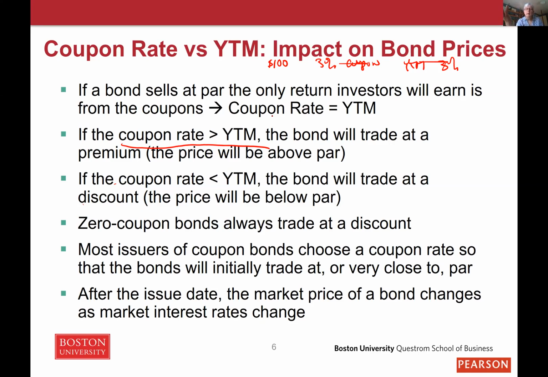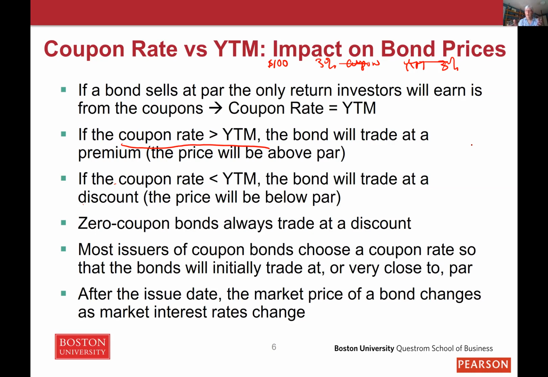On the other hand, if the coupon rate is greater than the yield to maturity, now you're getting a return that's higher. If you paid $100 for that $100 bond, you would be getting a return that's above what the market expects. And think about what's going to happen in a competitive market. If you're getting too high of a return, people are going to rush in and buy that bond. Because people try to buy it, the price is going to go up.